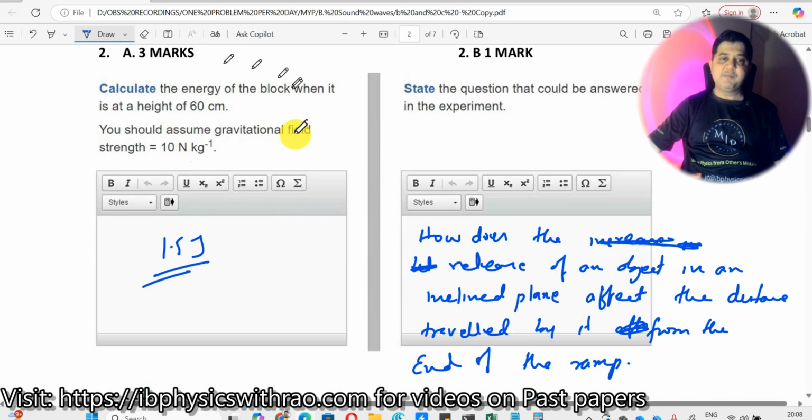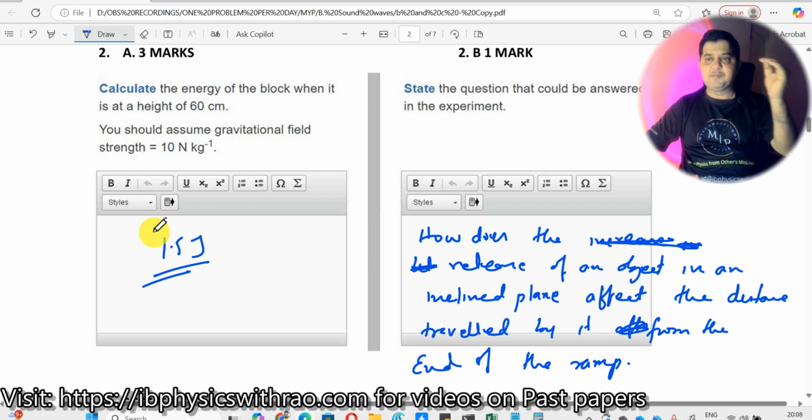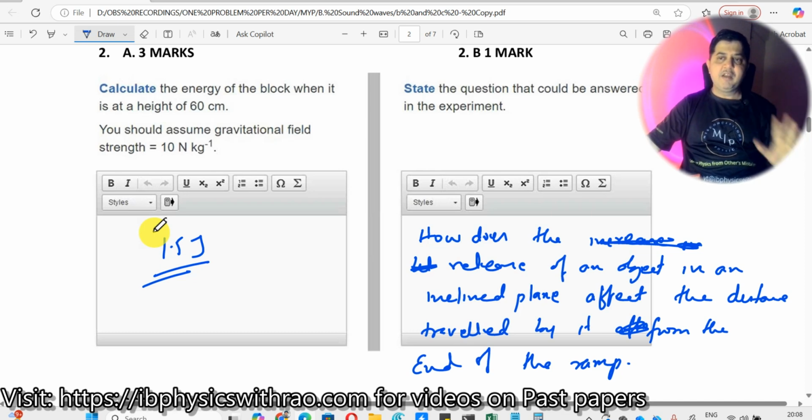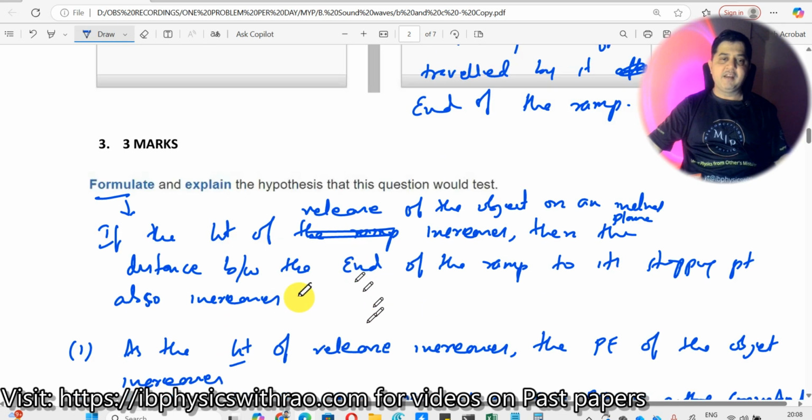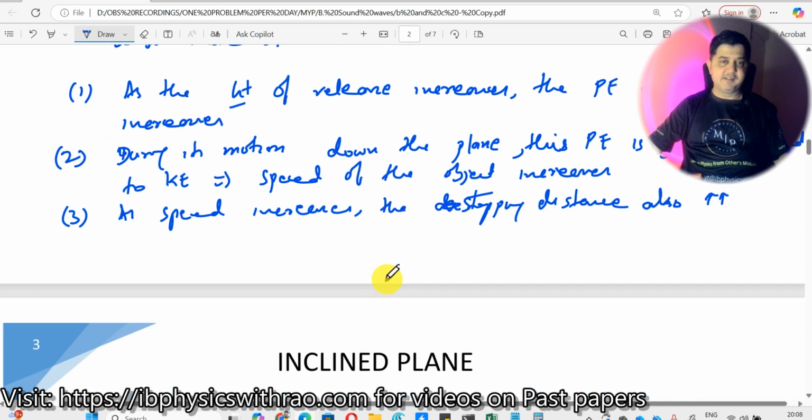When I did this one, I mentioned what happens to the potential energy and what happens to the kinetic energy. We did look into all of them, and as a result, this idea came to me. Every question in IB or MYP is in such a way that the solution for it is already somewhere present. You are already writing that one. The only thing is, you should look at it carefully, understand, get the clue behind it, then start working on it.